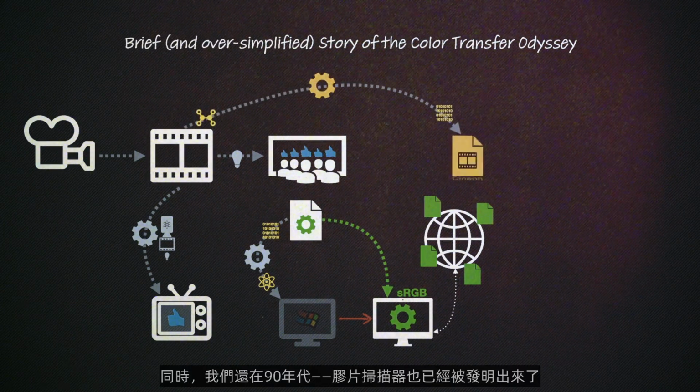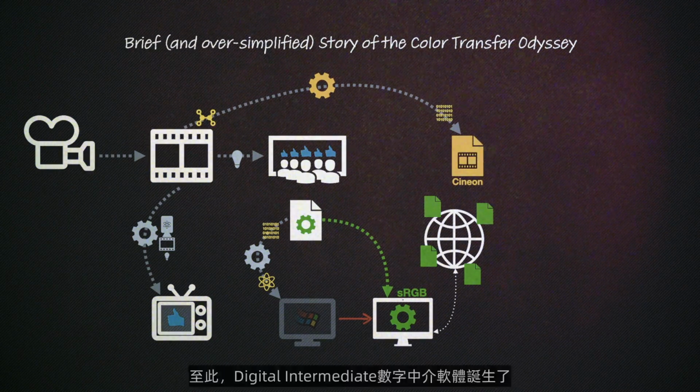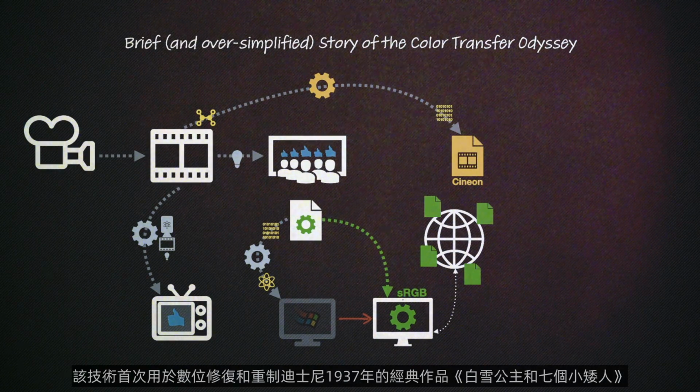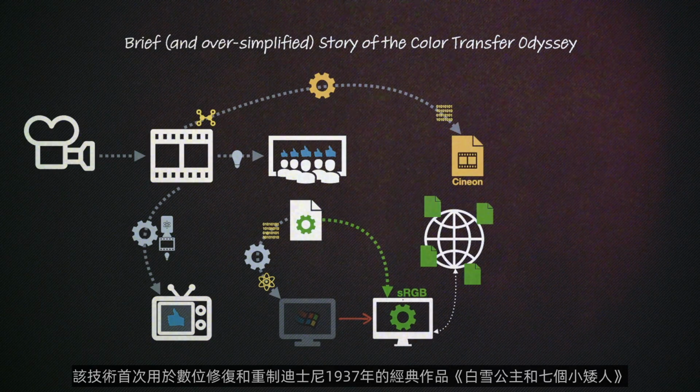The film scanner has been invented. The digital intermediate is born, used for the first time to digitally restore and remaster Walt Disney's 1937 classic Snow White and the Seven Dwarfs.